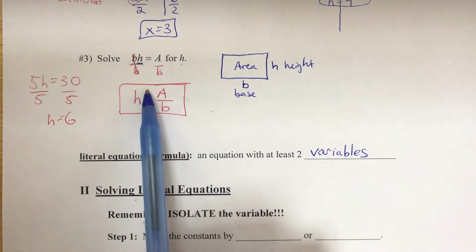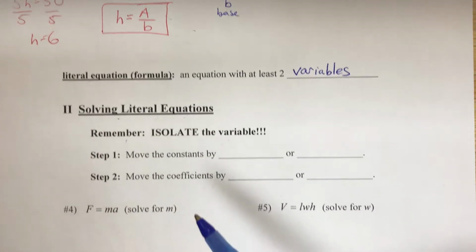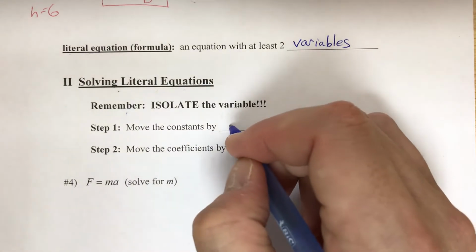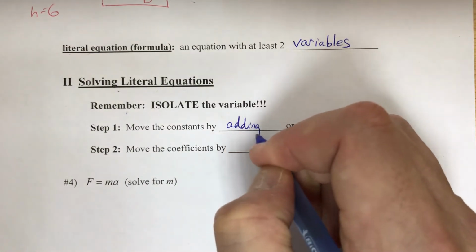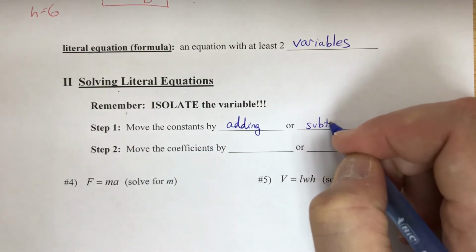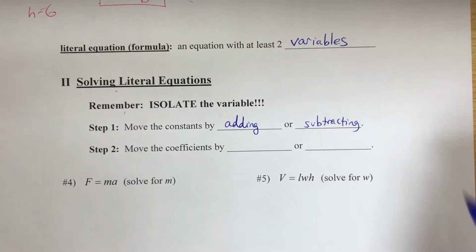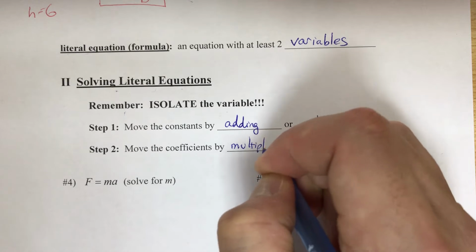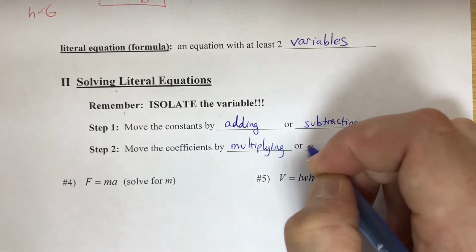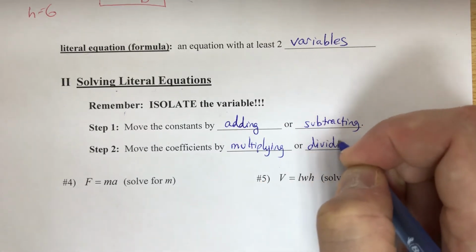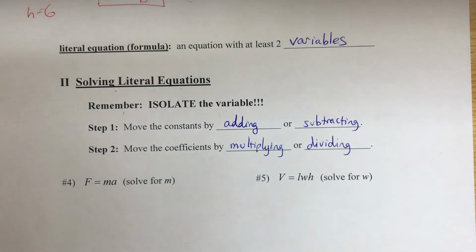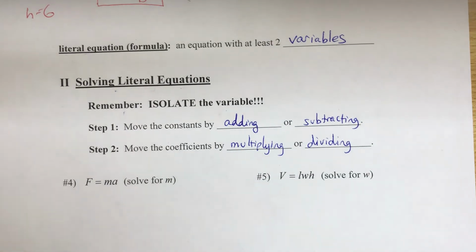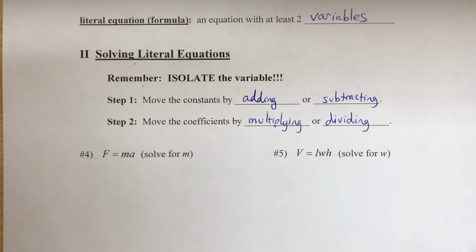That means we want h equals. We move the constants by adding or subtracting. And we move the coefficients by multiplying or dividing. And the thing to remember is the rules don't change. It's the same process. It just looks different.